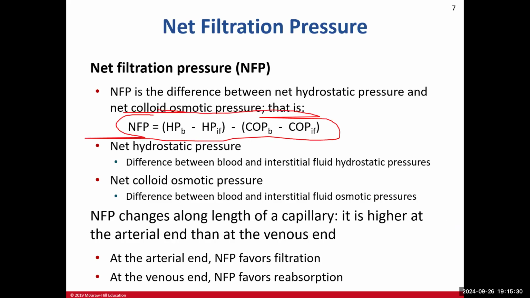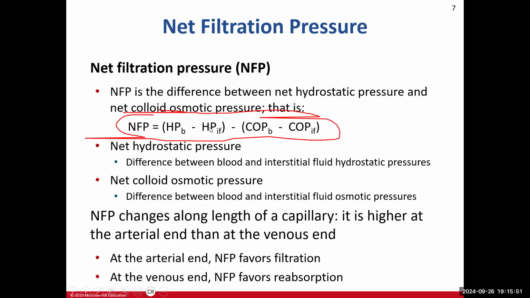So net filtration pressure is the difference between your blood hydrostatic pressure and the interstitial fluid hydrostatic pressure. The blood value is usually going to be greater, at least by the arterial end.